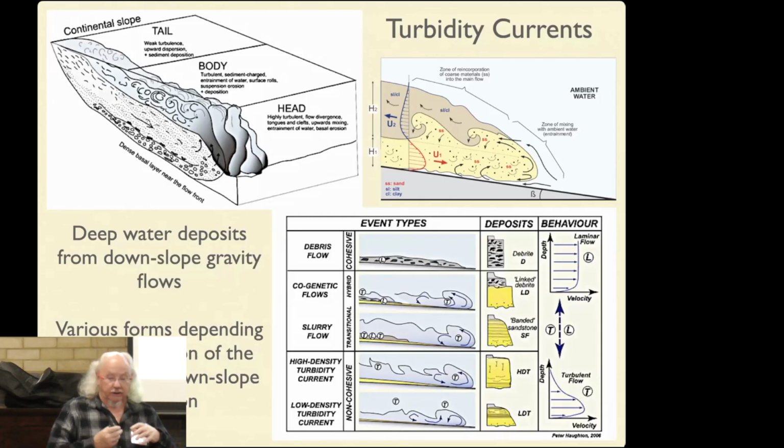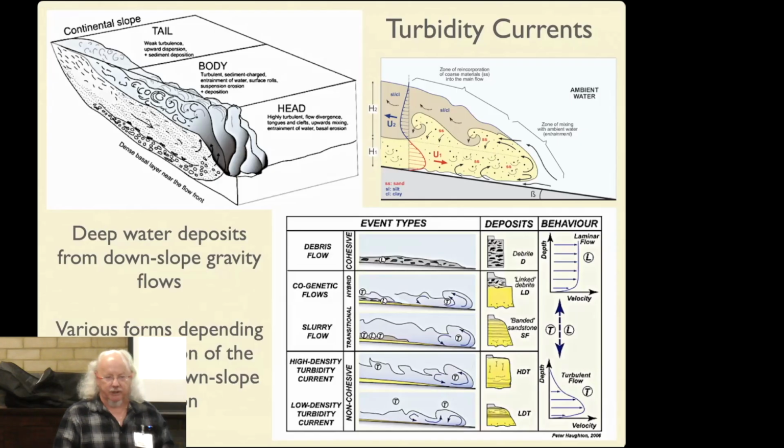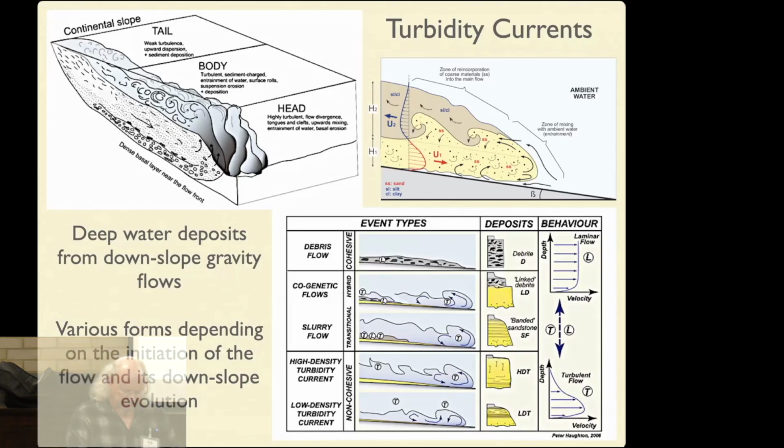Or, like I say, you can have slope failure, which will produce debris flows, but can also, by entrainment and turbulence, produce turbidites. So usually you get these lovely thick sandstones like this, decimeters up to meters thick, but usually sort of decimeters.